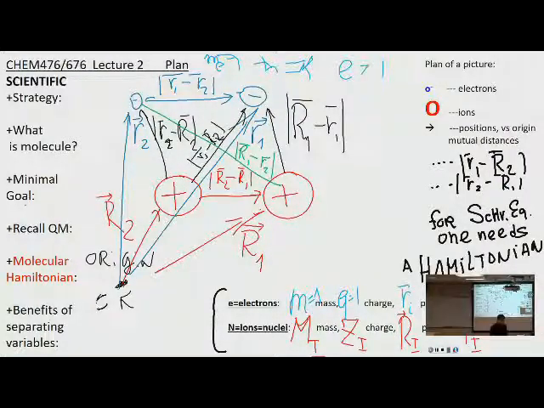This is not literally key for the homework. It is like a chapter of one of the simple texts, and the goal is to convert the molecular Schrödinger equation and molecular Hamiltonian into something that we can solve.